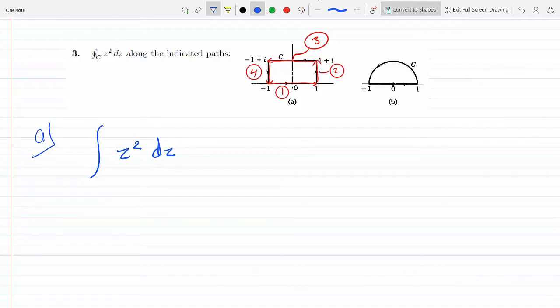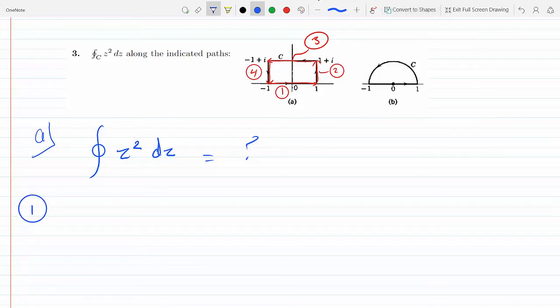No tricks there. And we can go from, let's start with path number 1. So this is over the closed integral. Let's start with path number 1.